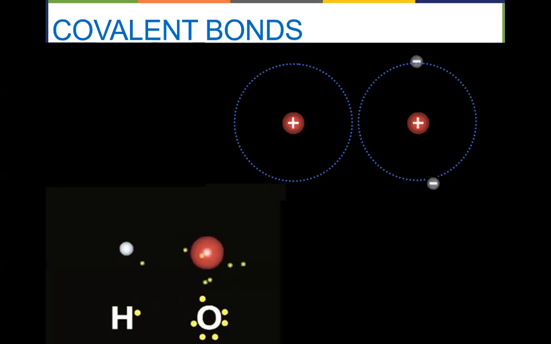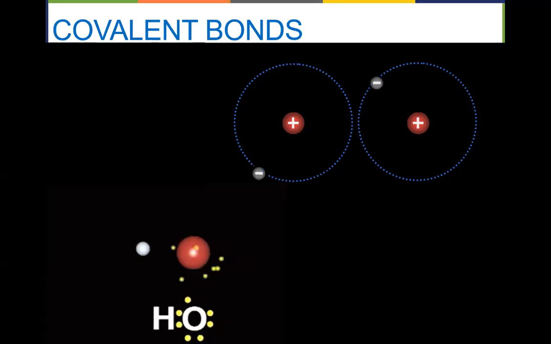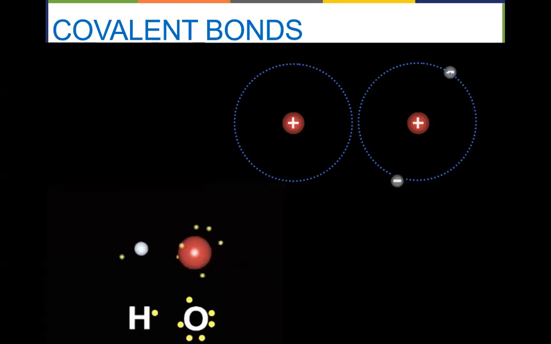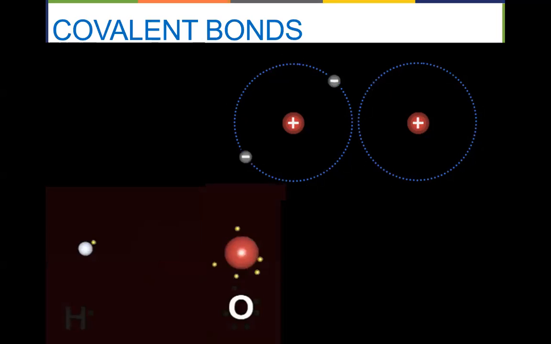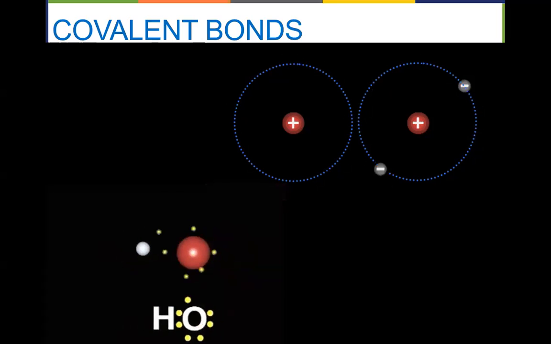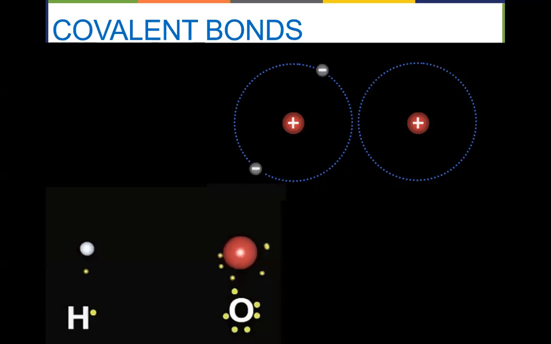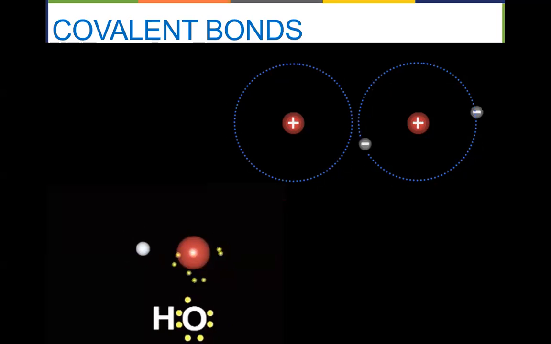At any given point, you would see the hydrogen atom on the left filled up with 2 electrons, or the hydrogen atom on the right filled up with 2 electrons. But we can't comprehend that kind of speed. But we are sharing electrons. And so we get a stable molecule because we're sharing the electrons from each atom.